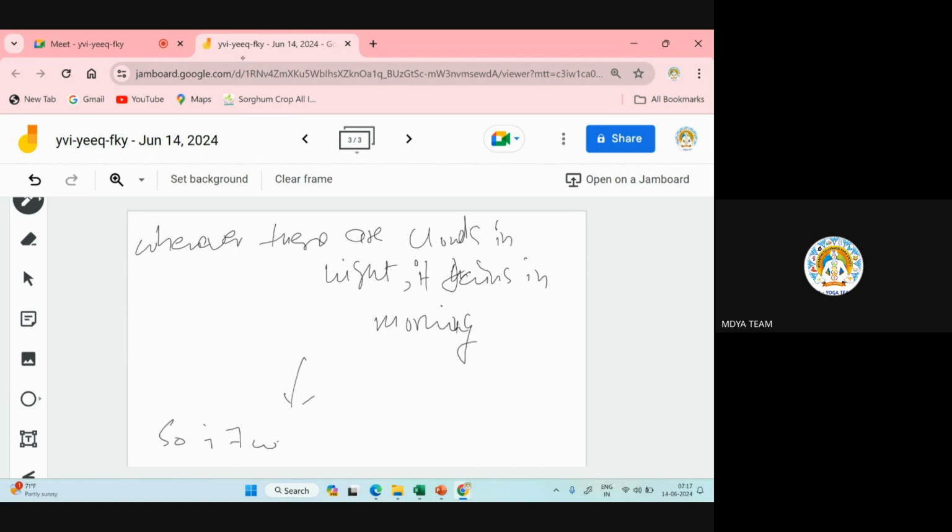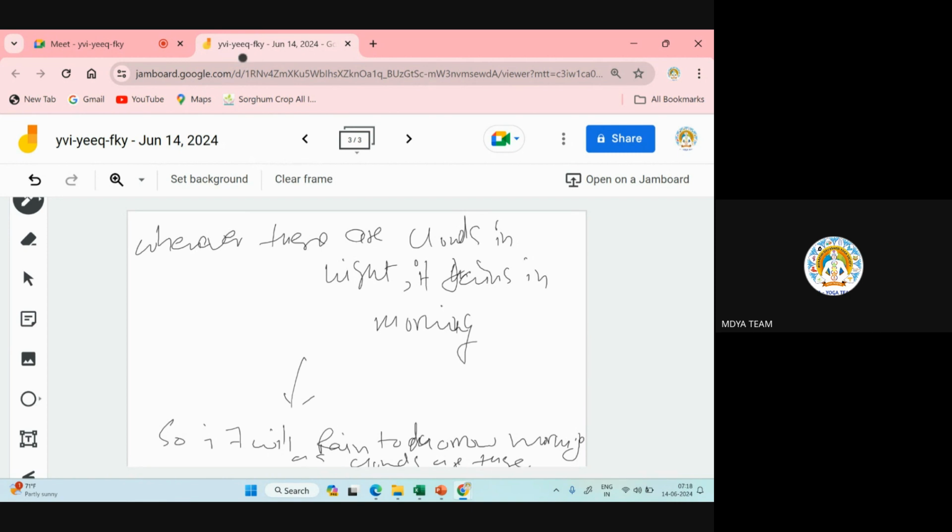So it will rain tomorrow morning, as clouds are there.